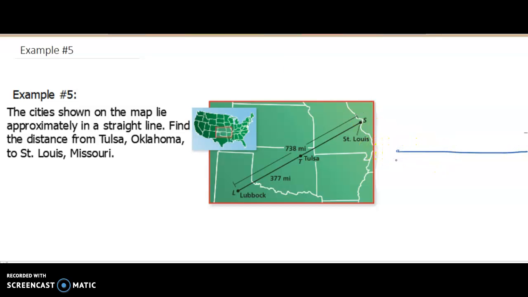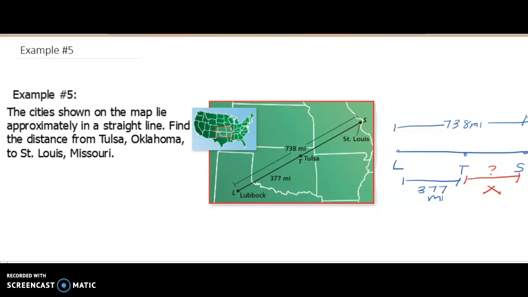With Lubbock, call it L here. Tulsa is T here. And St. Louis is S here. The same thing is over here. And I know the whole way is 738 miles. And I know from here to here is 377 miles. And I want to know how much it is from here to here, so I'm just going to call it x.